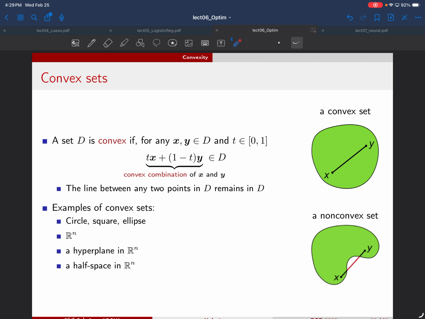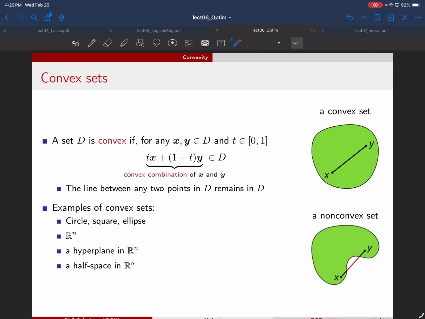Here's some visualization. Here I have 2 points x and y in my set. The convex combination for all these different t's would be this line segment between them, and we need that line segment to be completely contained within the set. For that x and y it definitely is. You can also imagine that for any other 2 points x and y you choose in the set, all their convex combinations are definitely going to be in this set.